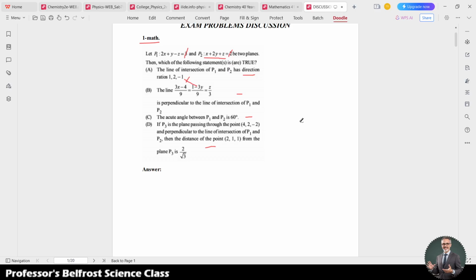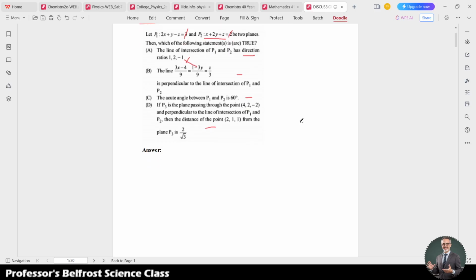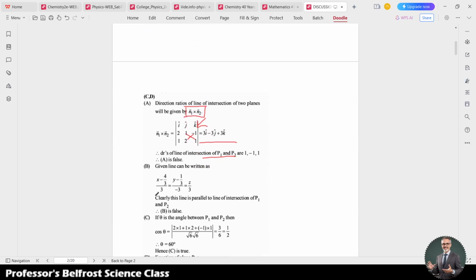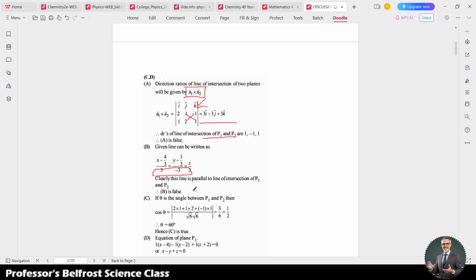How about the line 3x minus 4 over 9 equals 1 minus 3y over 9 equals z over 3, is it perpendicular? Let's see. You need to make the denominators the same number first, so you can see it clearly. Then you can compare the numerators.